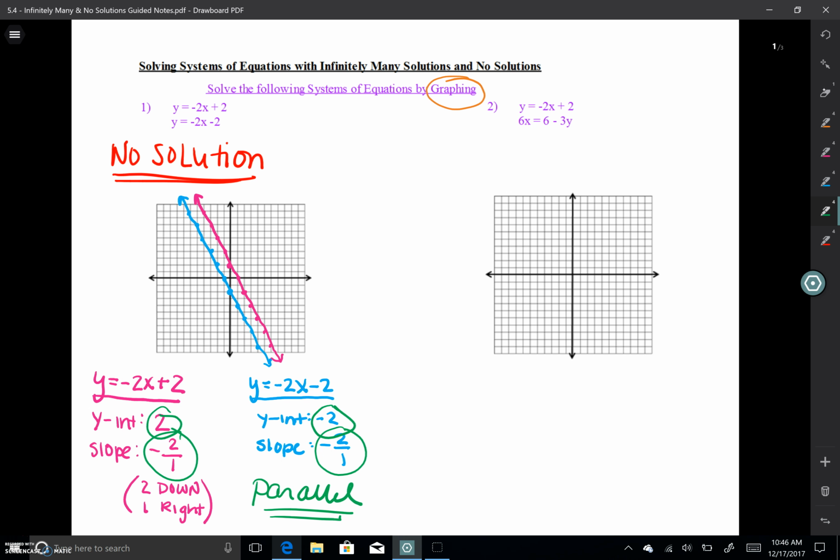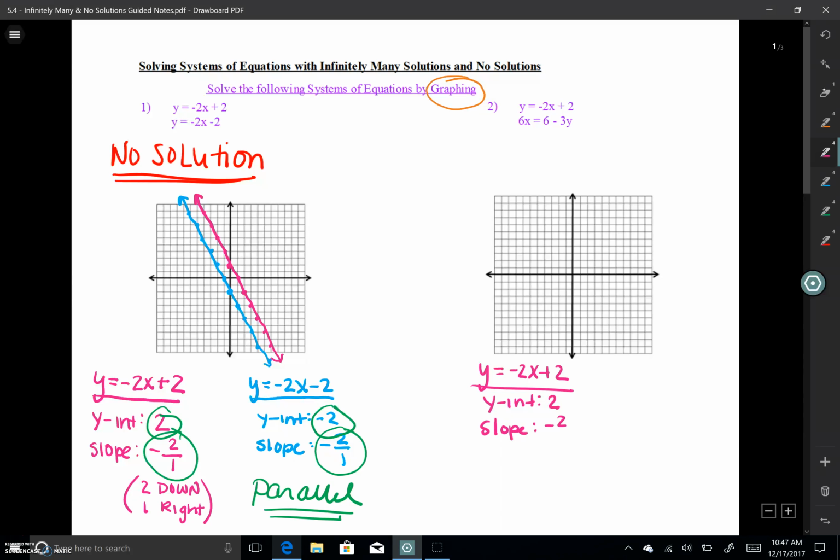Moving on to example 2, again, I have two equations. Starting with my first equation, I'm going to look at y equals negative 2x plus 2. Y-intercept is 2, slope negative 2 over 1. So just like in example 1, this means 2 down, 1 to the right. And so I can go ahead and graph that.